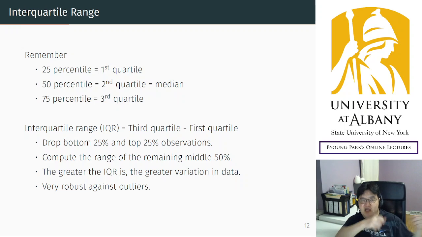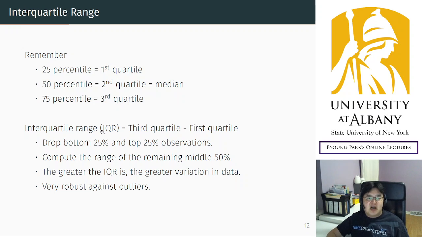You may simply take two quartiles and take the difference, or I would explain that as dropping bottom and top and then recalculating the range. They'll be the same. So the basic intuition is the same, and the range is modified, upgraded to be more robust against outliers by dropping the outliers.